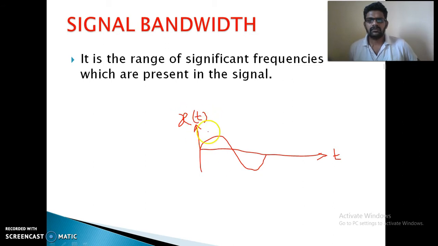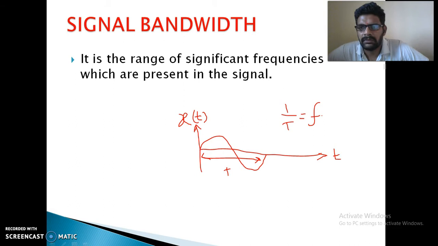So if anybody asks what is the frequency, then immediately we will try to calculate the time period T, and then 1 by T equals your frequency. So this is generally what we do practically.